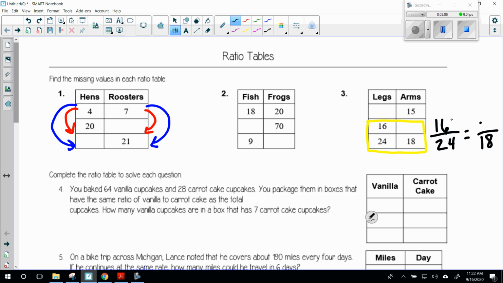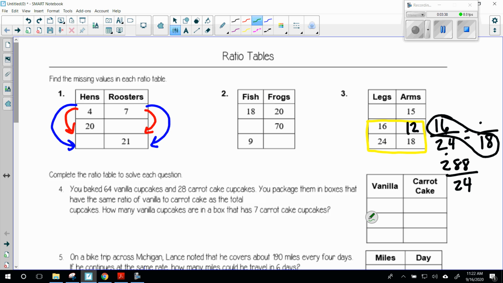So remember the strategy, I said you're going to cross multiply. So you're going to do 16 times 18, and you're going to get 288. Then you take that number and divide it by the remaining number. So 288 divided by 24 will give us that same number we had before, 12.